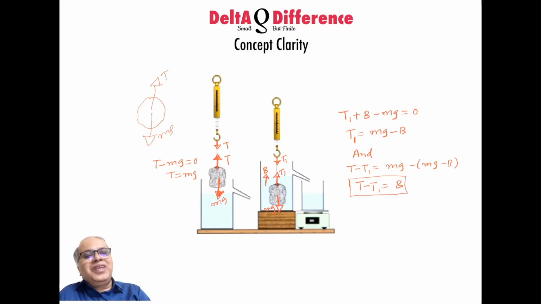Now you take it and put it in water. And our charismatic character Archimedes told that any body partially or fully submerged experiences an upthrust which is equal to the weight of the water displaced.